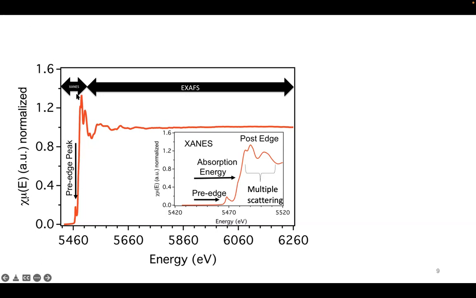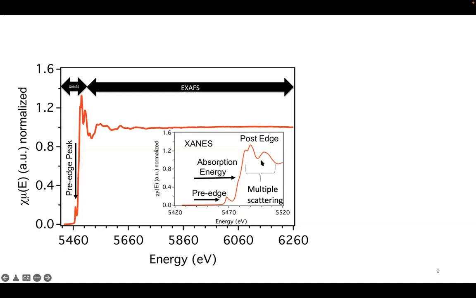Now, in the XANES energy region, what we're really interested in is, where is the absorption? So what is the energy that's required for the 1s electron ejection? But before that, there's often information from what's called the pre-edge peak. And then there's also information in the post-edge region.